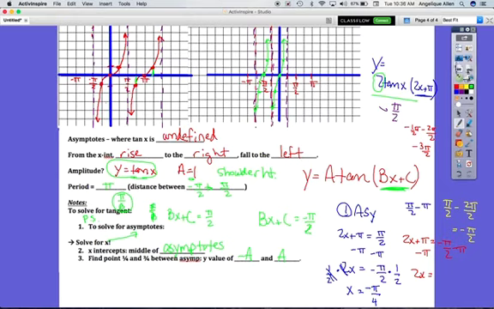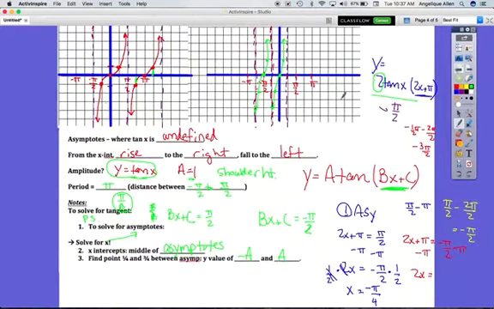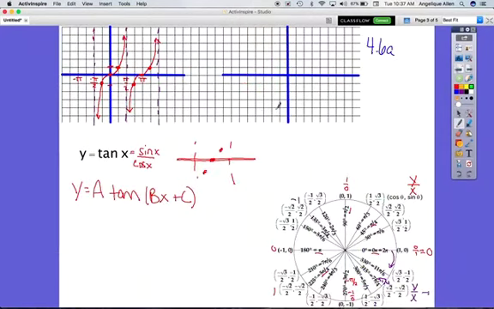I'm going to do one more for my tangent video. So I need a piece of graph paper.